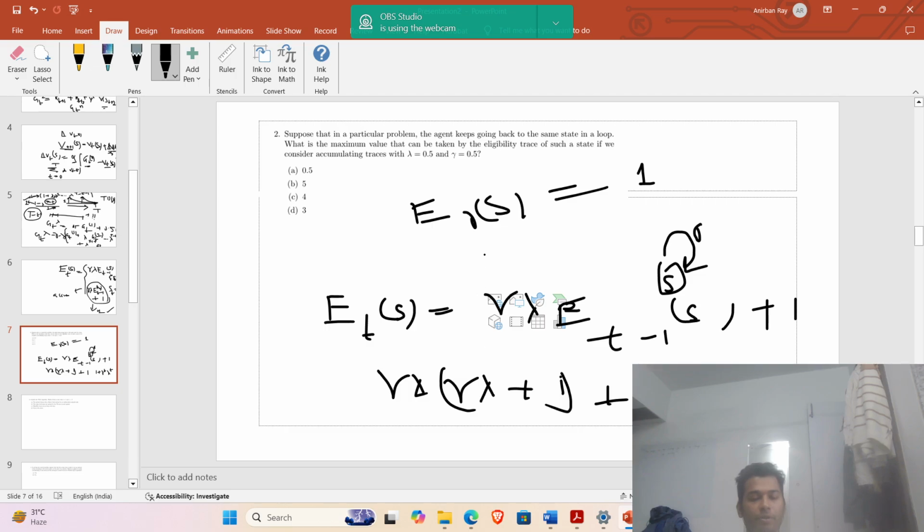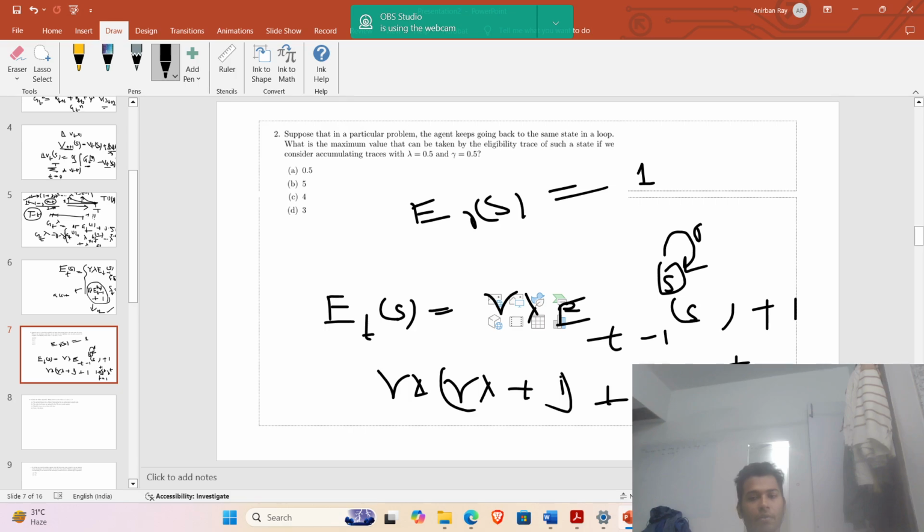So this is for 0, this was for 1, this for 2. This one's for t, summation from t equals 1 to some t. So this is our expression for the t-th E(s).